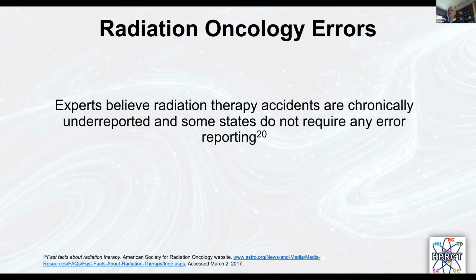So in radiation oncology, the experts believe that accidents are chronically underreported, and some states in the US don't have any reporting requirements. This is in part because the federal agencies only regulate byproduct material, and the states regulate machine-produced radioactive material and X-ray produced radiation.